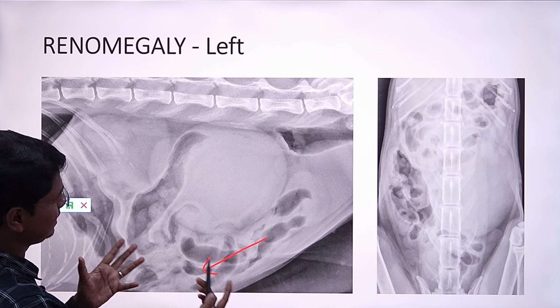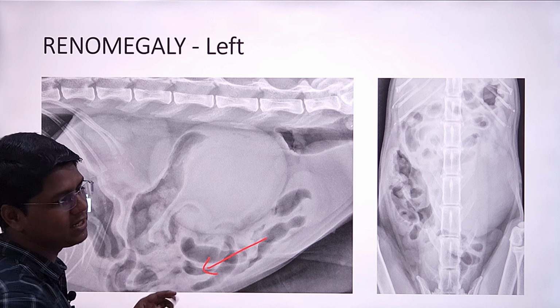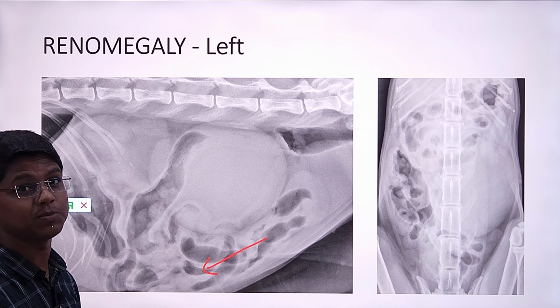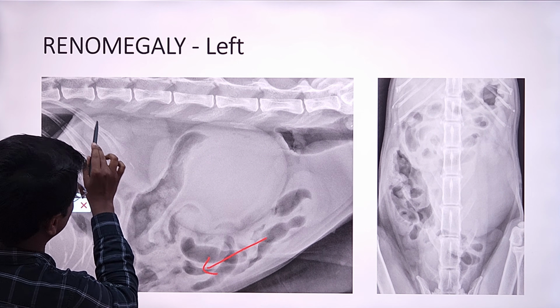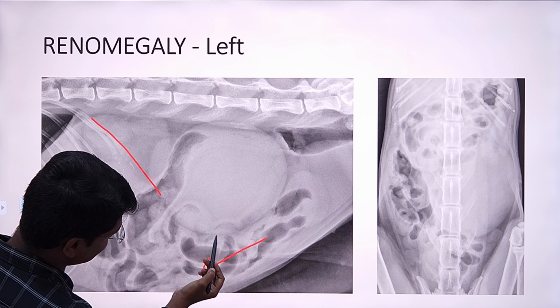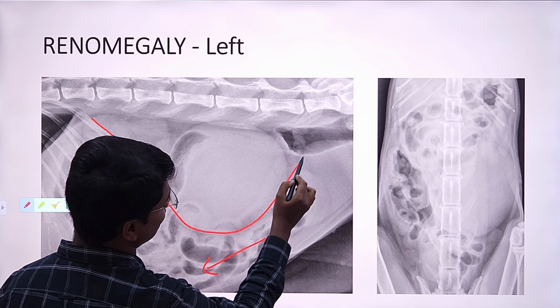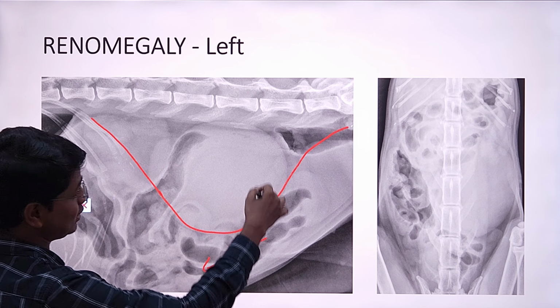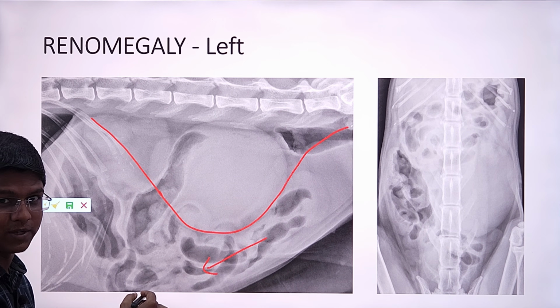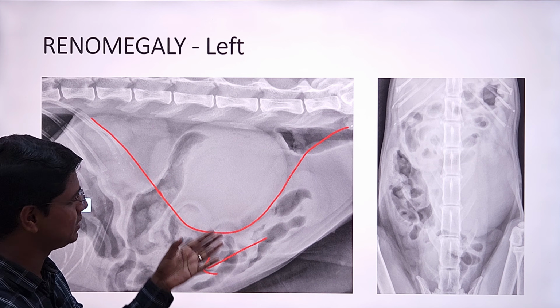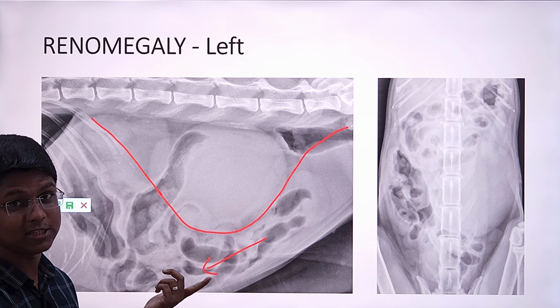One thing you have to see: the kidneys are in the retroperitoneal space, while the spleen is in the peritoneal space. See the retroperitoneal space, you can see a very thin margin. Like this, the kidney is in the retroperitoneal space. In that way you can differentiate whether this is kidney enlargement or spleen enlargement.